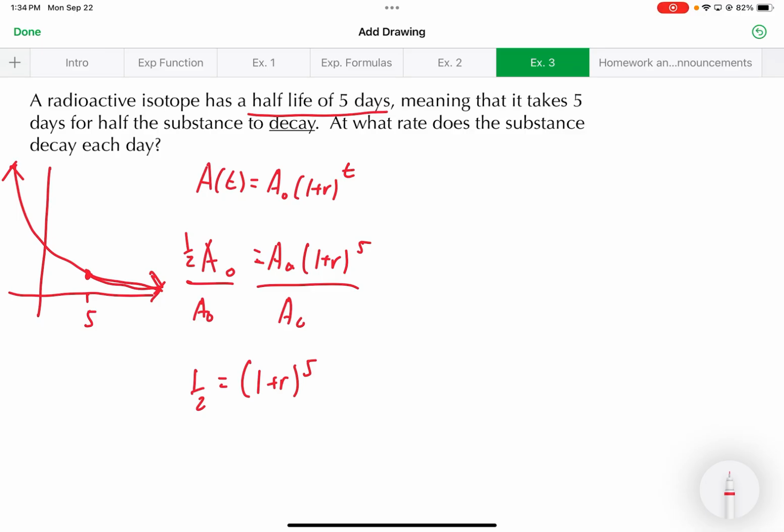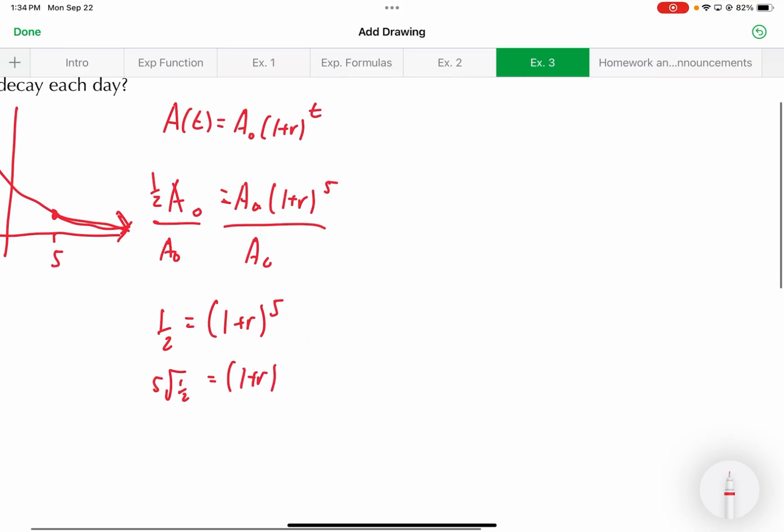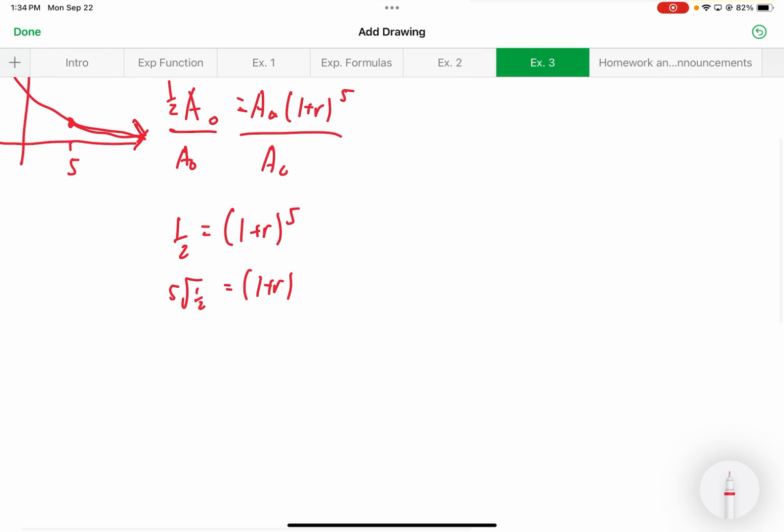Now what do I want to do? 5th root. So the 5th root of a half equals 1 + r, and then I don't need those parentheses anymore.